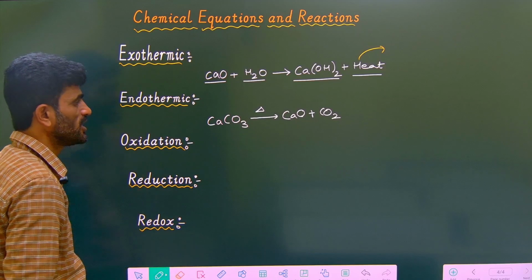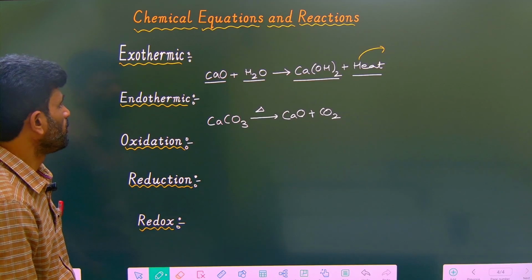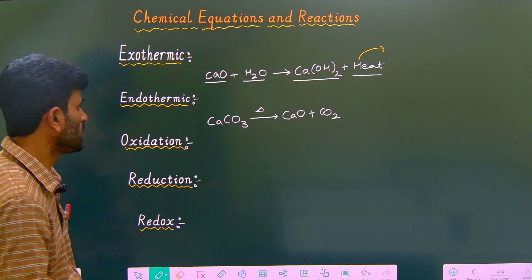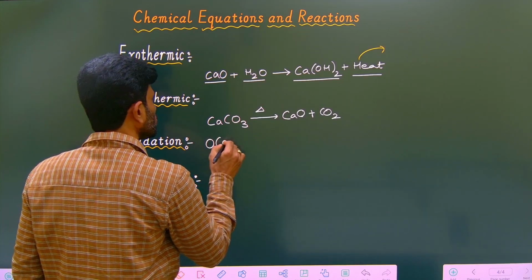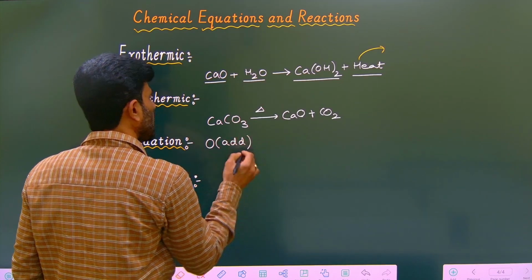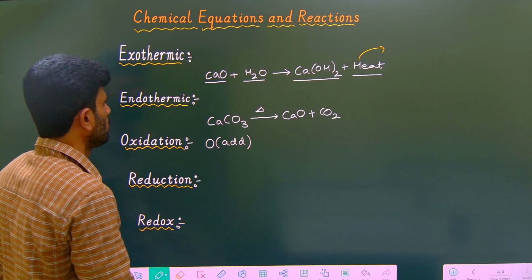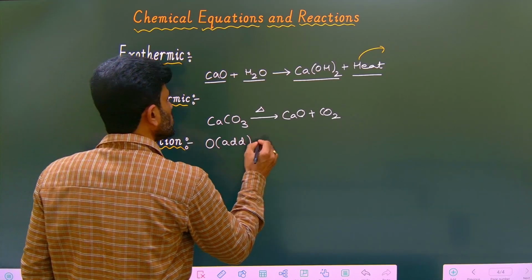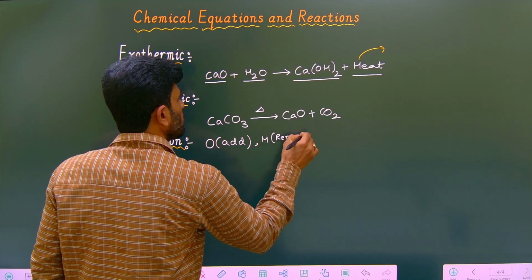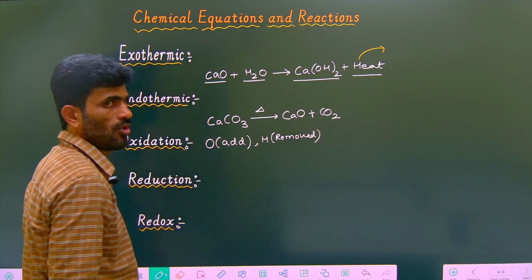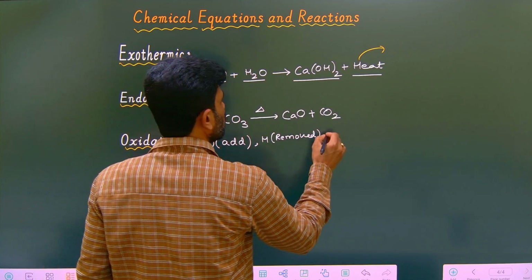So coming to oxidation, important. Here what happens in oxidation? Three things you have to remember. One is oxygen is added to the substance, or hydrogen is removed from the substance, or electrons are removed.